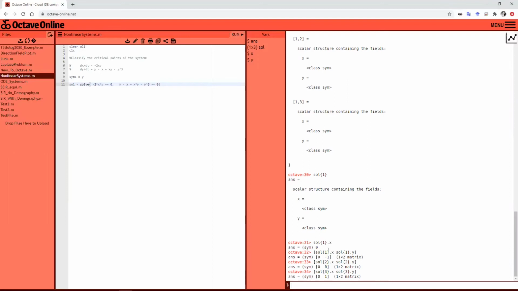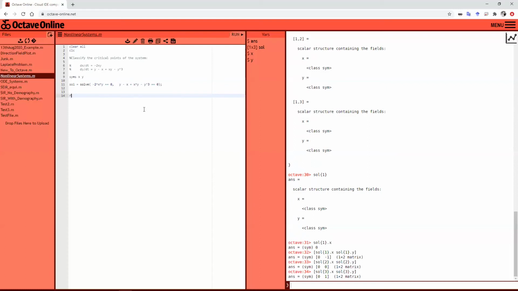So now we know we've got point 1, point 2, and point 3 that we have to classify the critical points at. Okay, so now we have a nonlinear system here, right? So we need to calculate the Jacobian of this system.